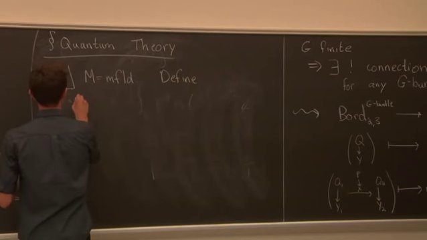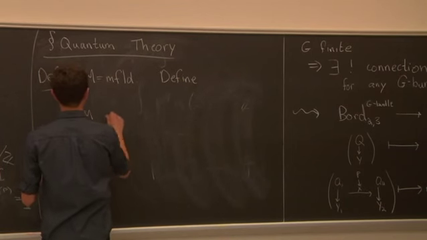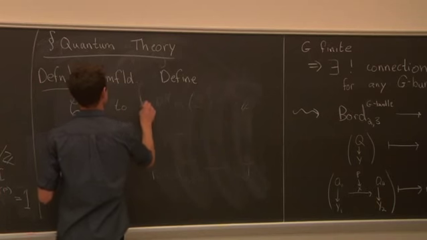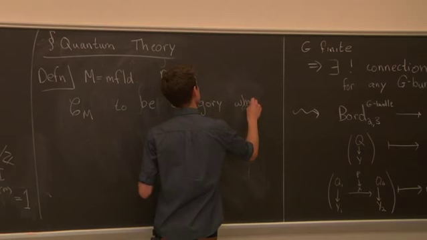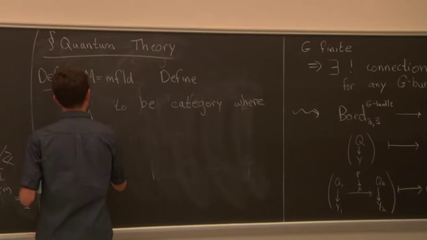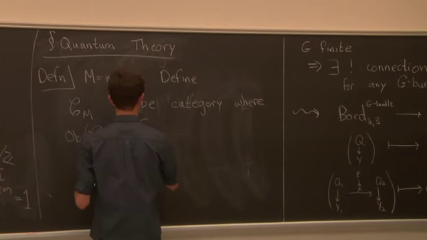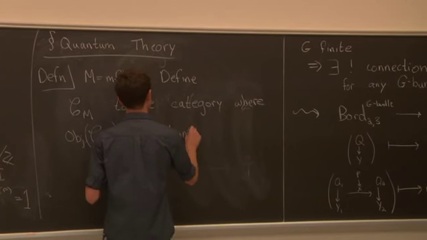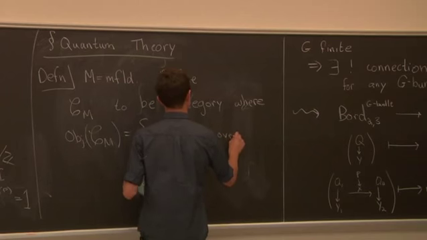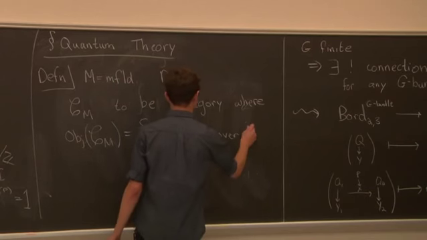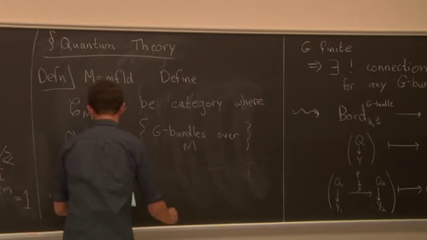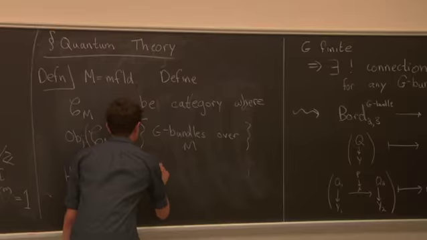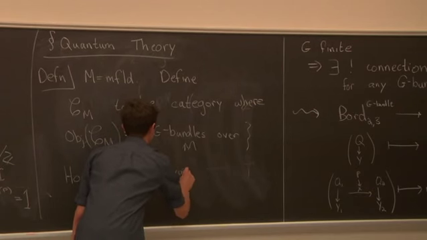I want to define C_M to be the category where the objects are principal G bundles over M, and my morphisms are, as you'd expect, G equivariant bundle maps.